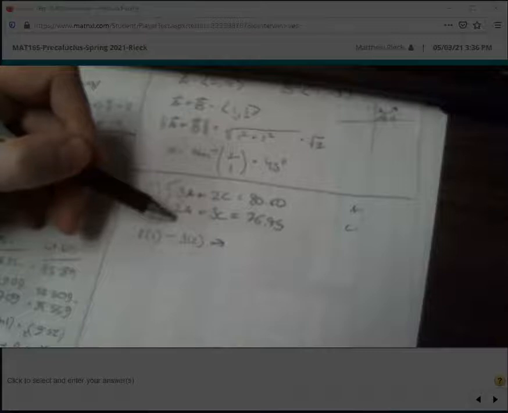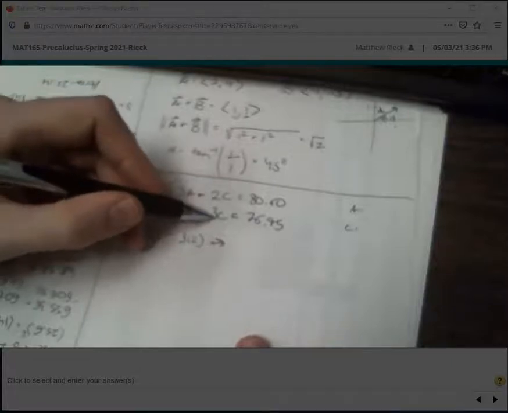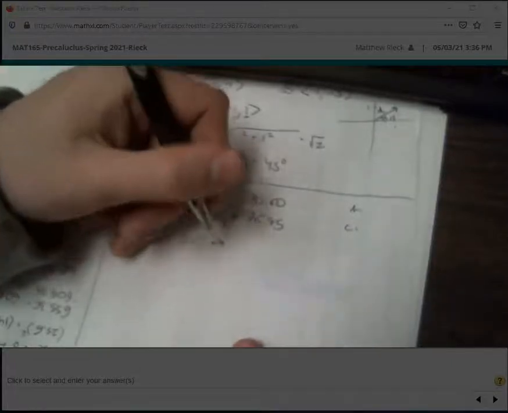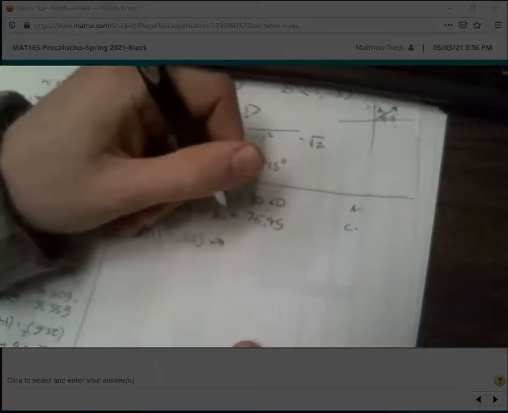All right, so when I take 2 times 3, that's going to be 6, minus 3 times 2 is also going to be 6, so those are going to be eliminated. 2 times 2 is going to be 4, minus 3 times 3. So we have 4 minus 9, which is going to be negative 5 times c.